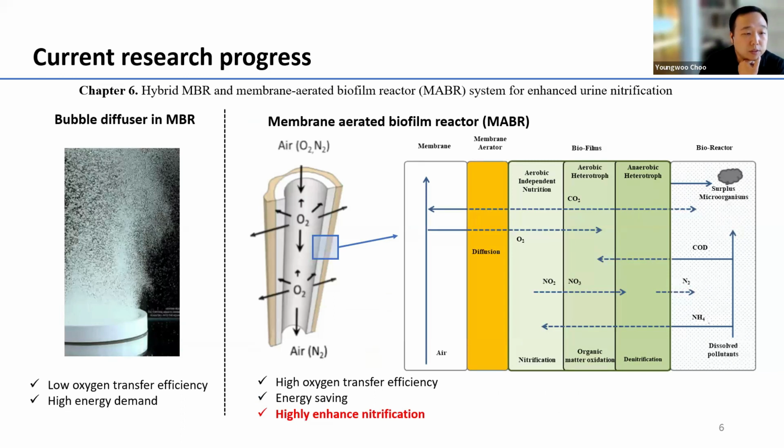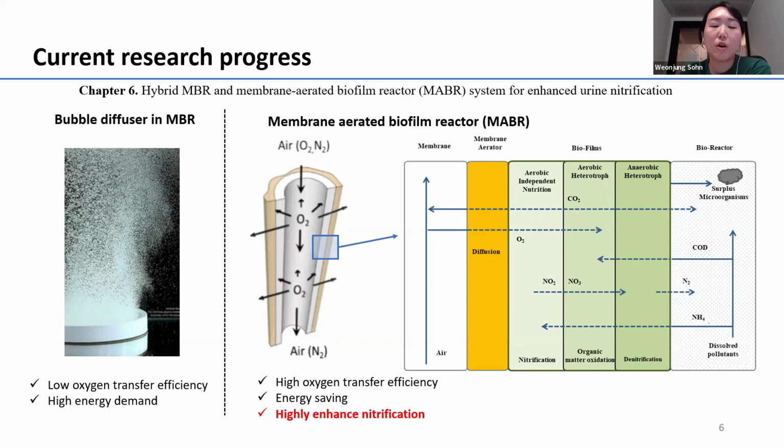What's the main difference between this and the chapter 4 study? In chapter 4, I just used the normal bubble diffuser, as you can see in this picture for MBR. It has large, coarse bubbles and fine bubbles, so it can also affect the sludge and floc formation, and it can also affect nitrification of the MBR system.